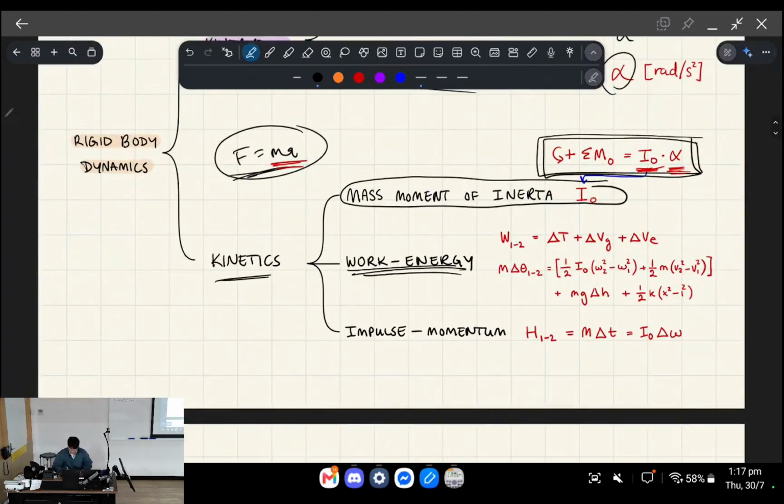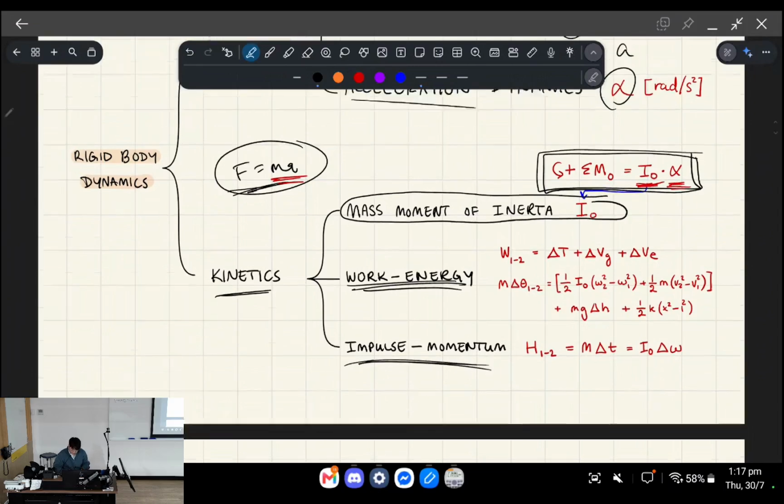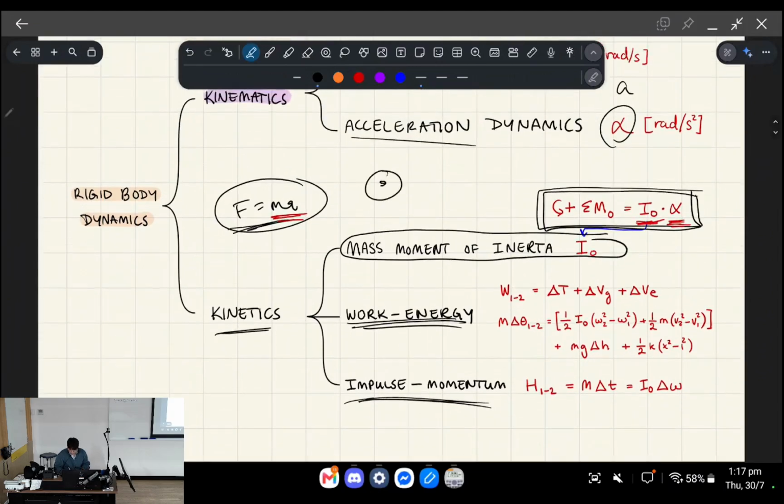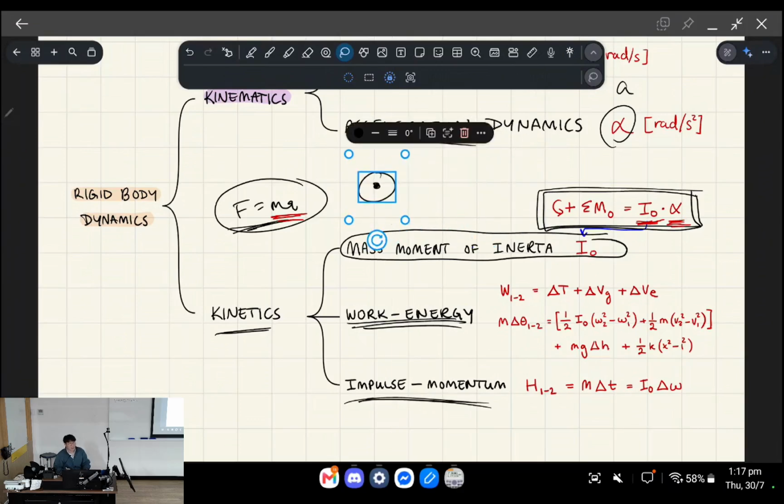And there's also going to be work energy and impulse momentum methods that are going to be applied when you have something that's moving not only translationally, right? So when I say translationally, I'm talking about in particle kinetics, we're talking about let's say a ball that's moving or whatever. We're just focusing on the translation of it, right?